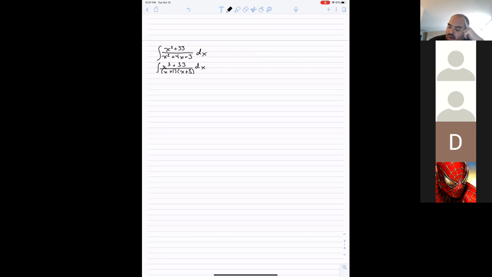Which is probably what caused you some problems here. So I'm going to divide x squared plus 4x plus 3 into x cubed plus 0x squared. Make sure to put all your placeholders in, but I think by now I haven't seen that tripping up too many people.